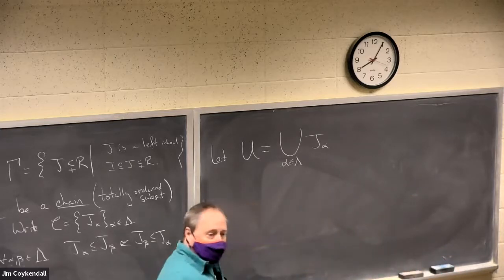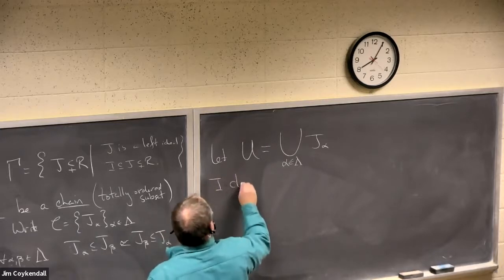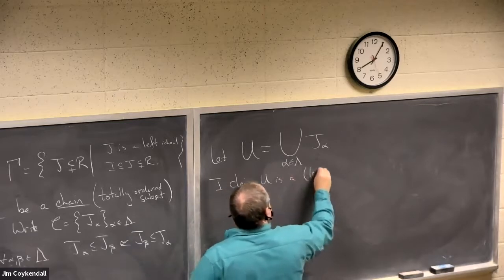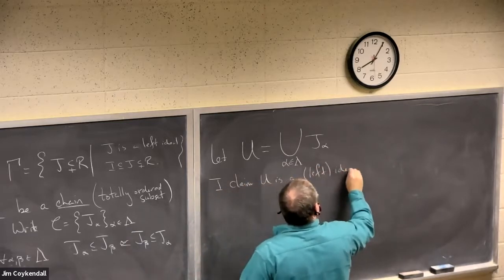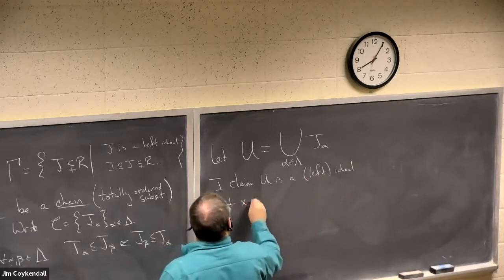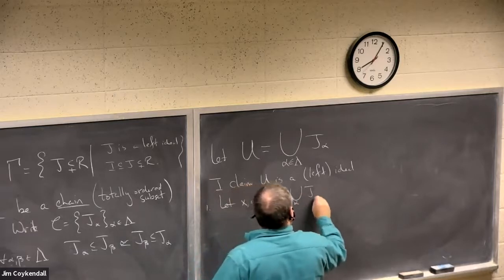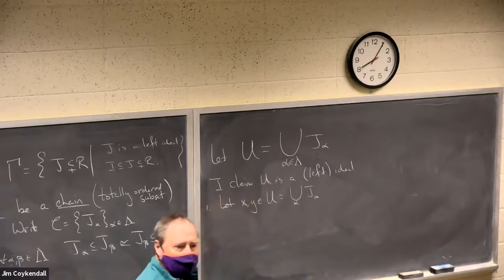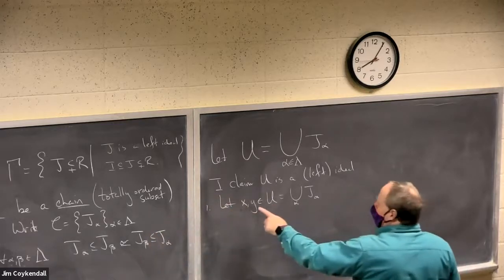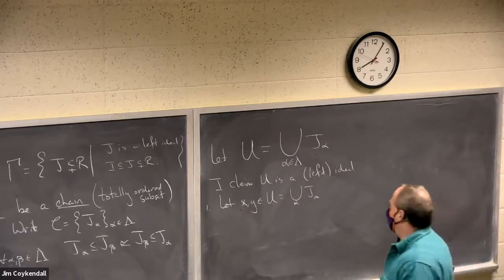So the first thing I need to show is that U is an ideal. Number one, let X, Y be in this set. Since X, Y are in U, which is a union, X is in one of these J alphas and Y is in some J beta.